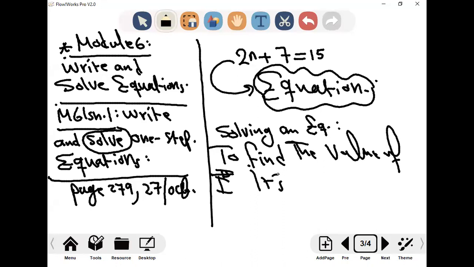Done? So if the expression has only numbers, we call it a numerical expression. If it has a variable, we call it an algebraic expression. If we have an equal sign in the algebraic expression, we call it an equation. Solving an equation, what does this mean? To find the value of the variable in that equation. Got it? Did we understand these basics? Okay.